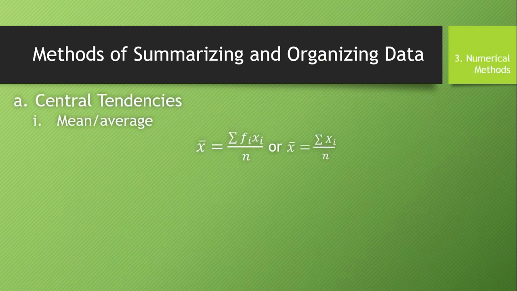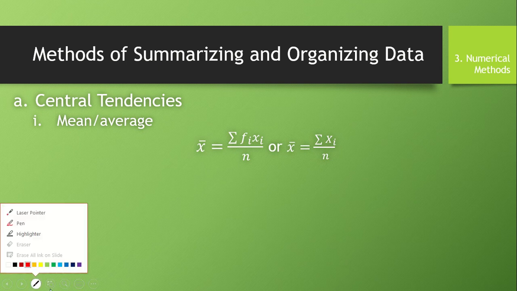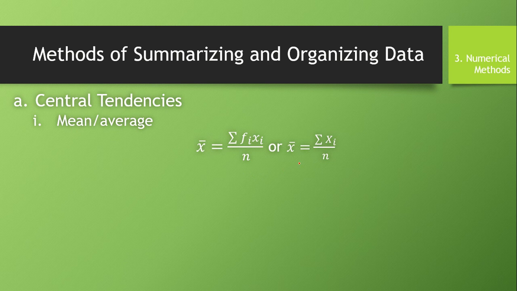So for the first measure of central tendency, we have the mean or the average of all the data. There are again two ways. One is using the summation of all the frequencies multiplied by the class marks divided by the sample size, or you can use the summation of all the values divided by the sample size.